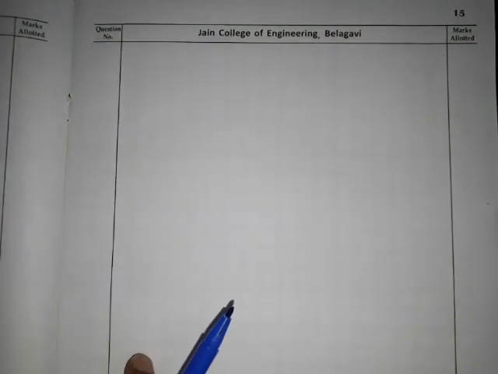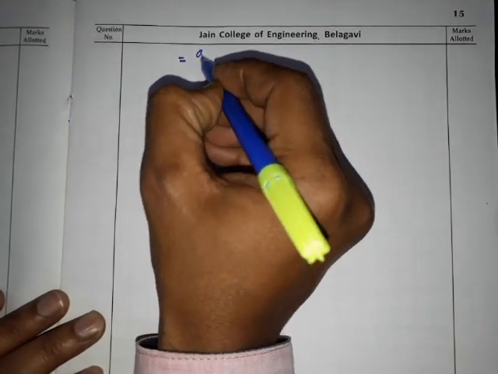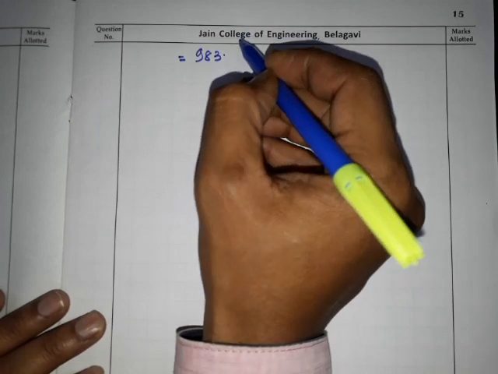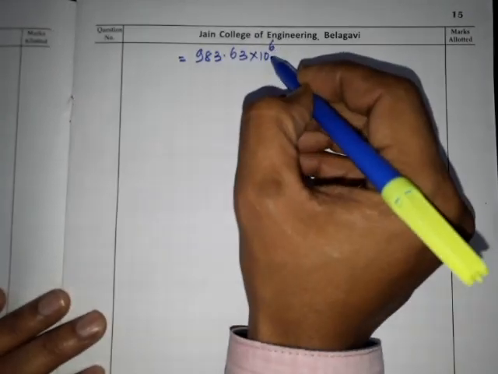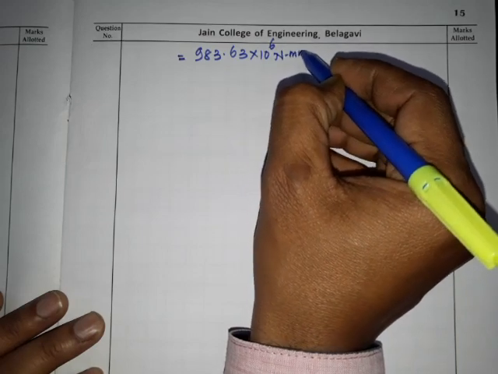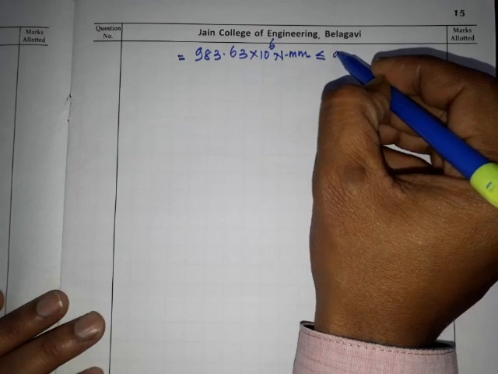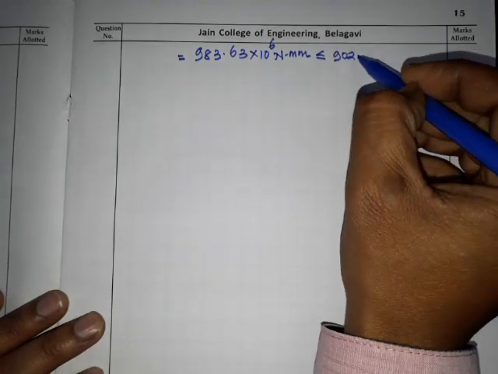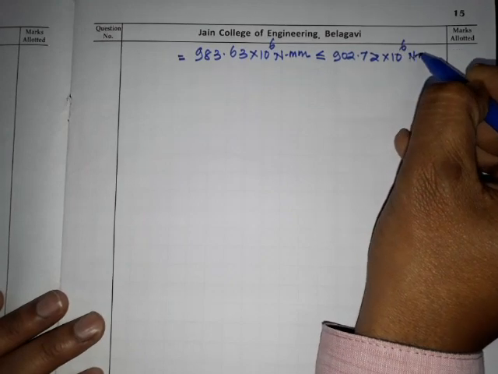So by adding all the values, we get these two, that is 983.63 into 10 to 6 Newton mm, less than or equal to 902.72 into 10 to 6 Newton mm.